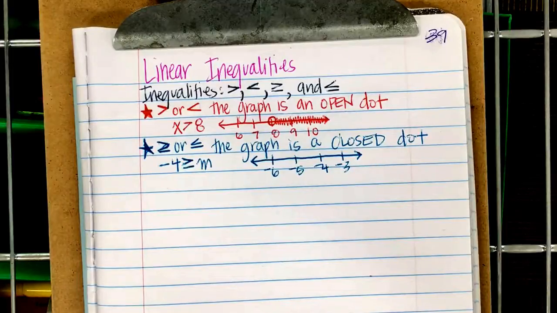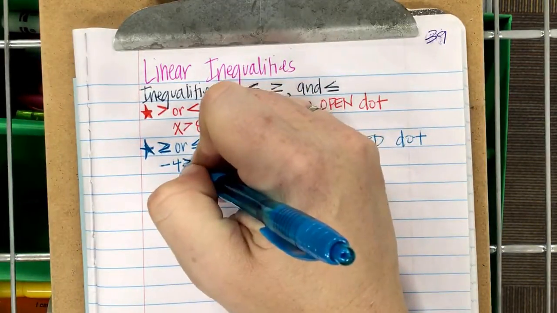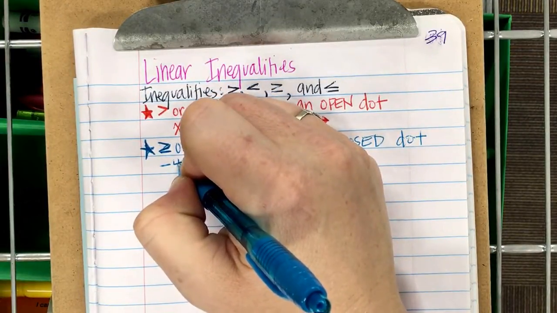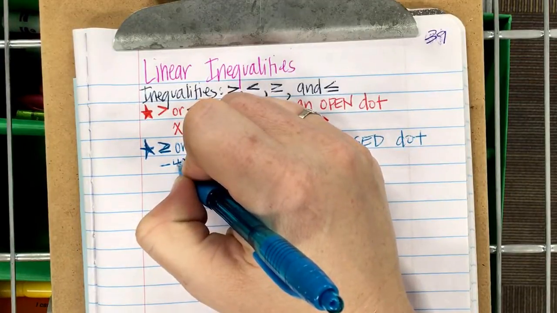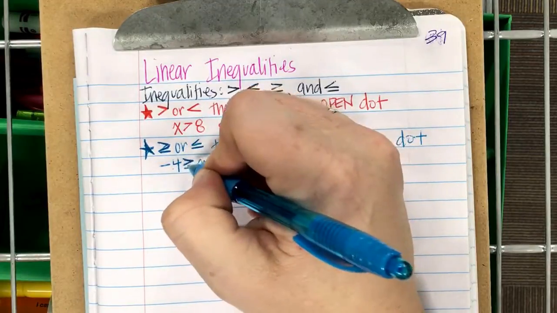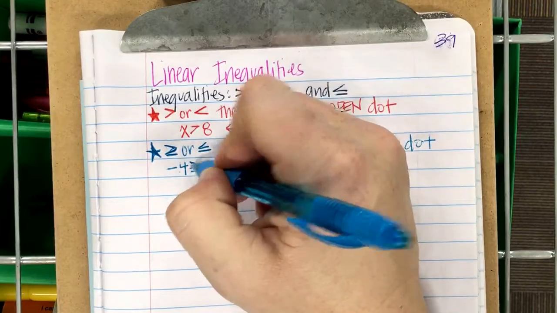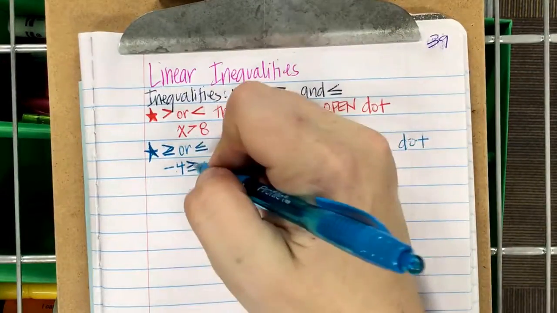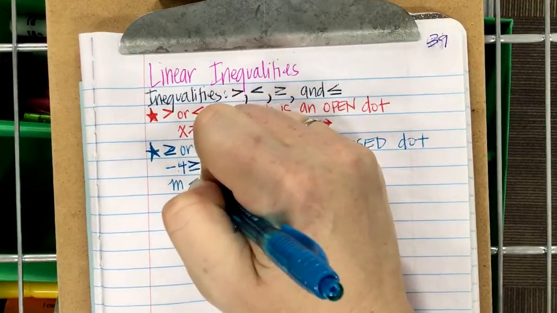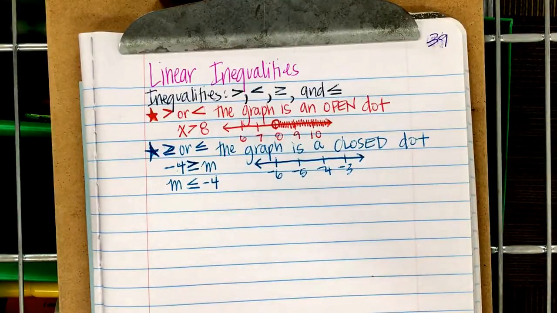So if you want to write your variable first, that's fine, but you have to remember, the inequality is opening towards the -4, so when I rewrite it variable first, my inequality has to open towards the -4. You can't just flip-flop these and not flip-flop your inequality. If your original inequality, the alligator, right, is eating the -4, when you rewrite it, it still has to open towards the -4.